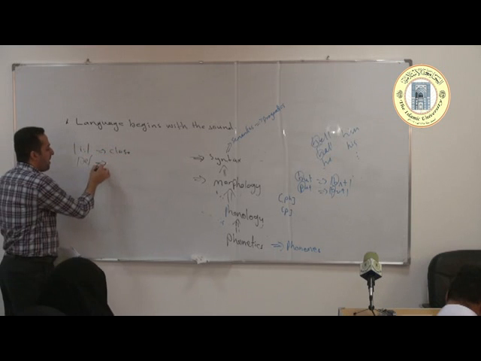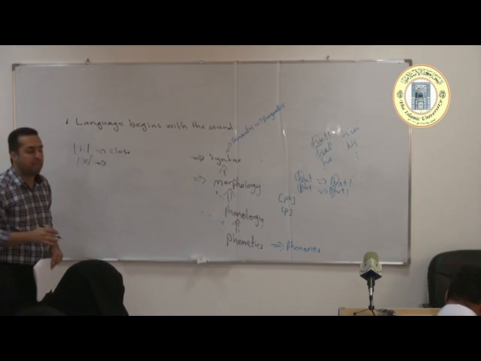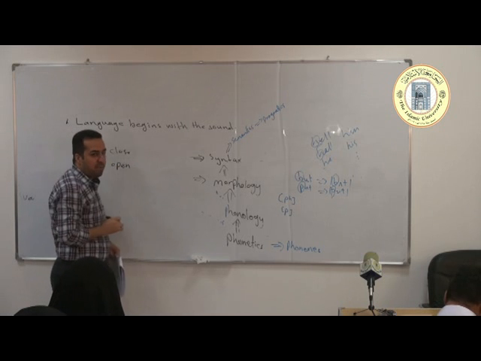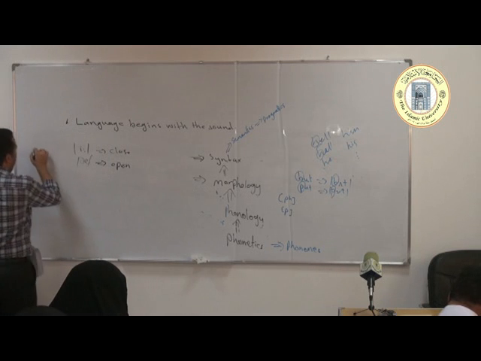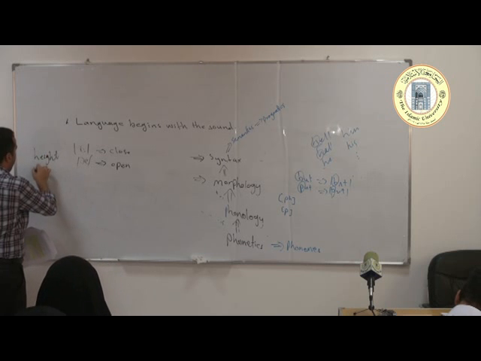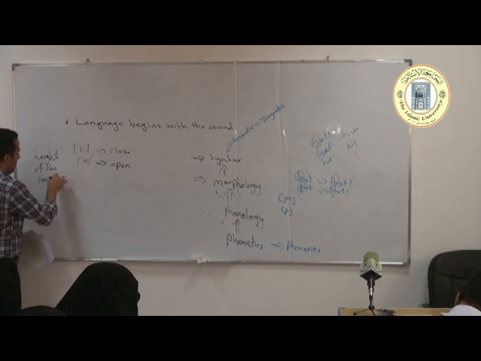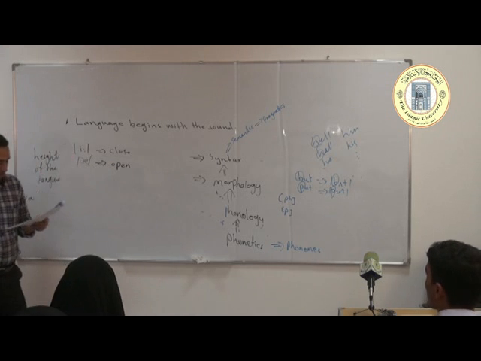While the A, for example, is wider than the E, so it is called open. It is open. Again, according to the height of the tongue. Okay, this is according to the height of the tongue.